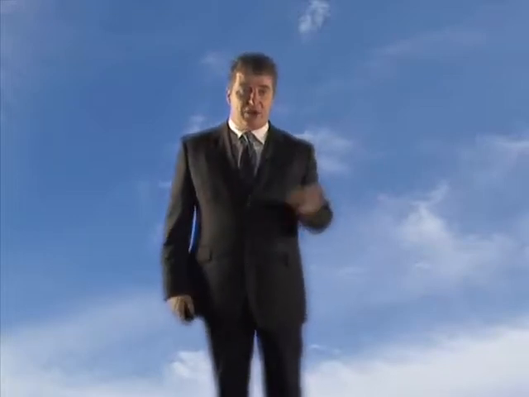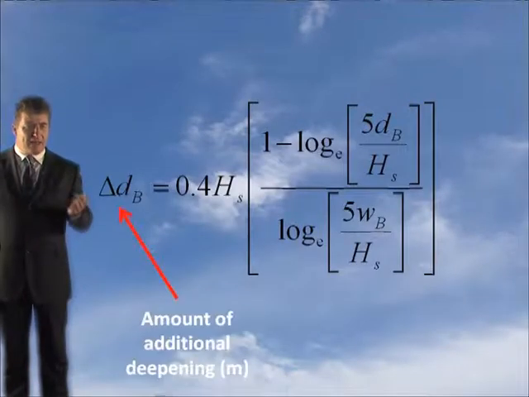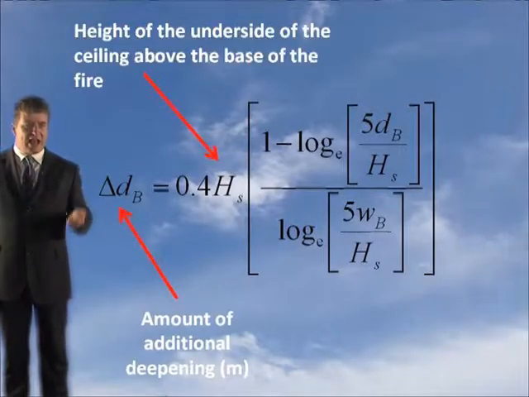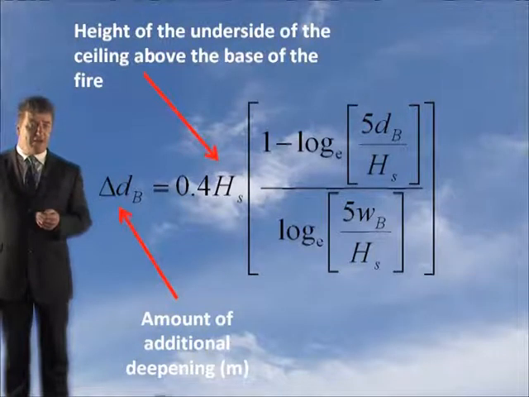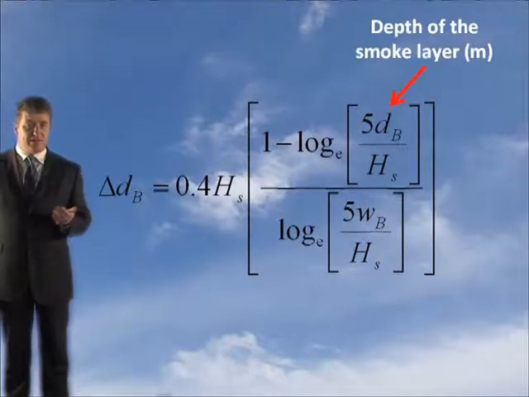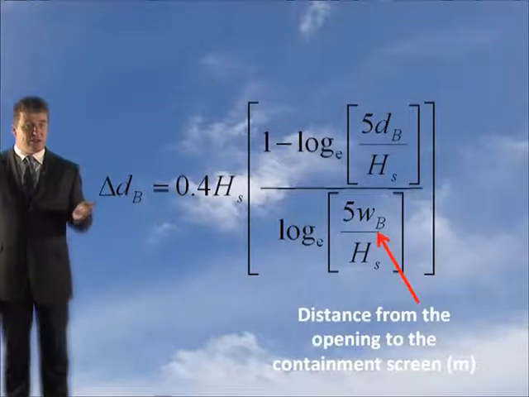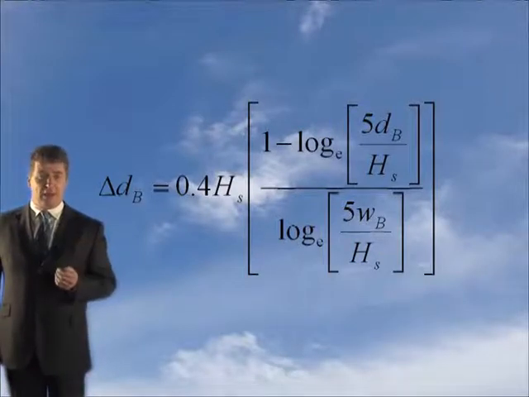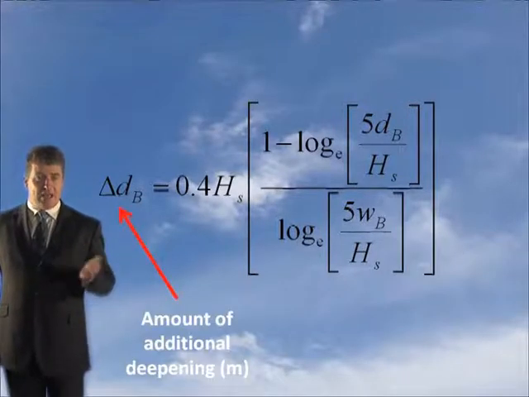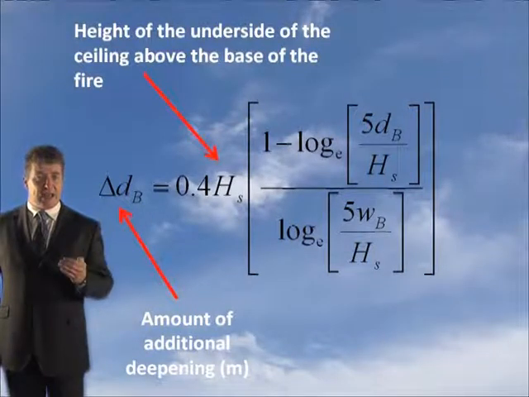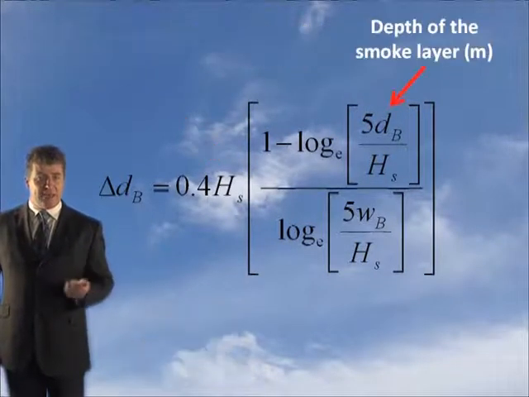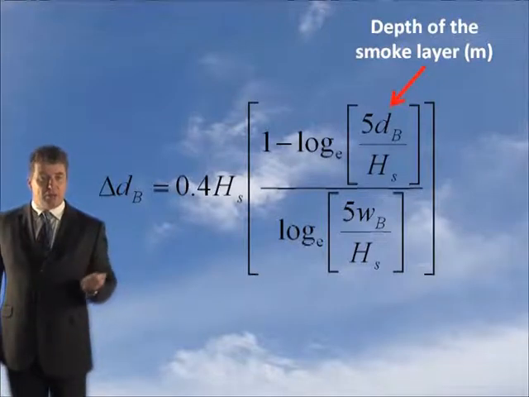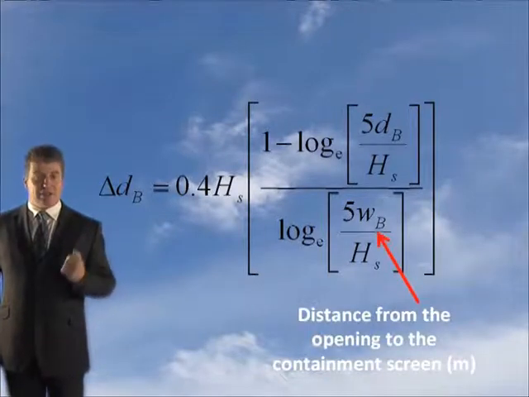This is the formula to determine the additional deepening of the smoke layer, where delta dB is the amount of additional deepening, your HS is the height of the underside of the ceiling above the base of the fire, your dB is your depth of your smoke layer, and your WB is your distance from the opening to the containment screen.